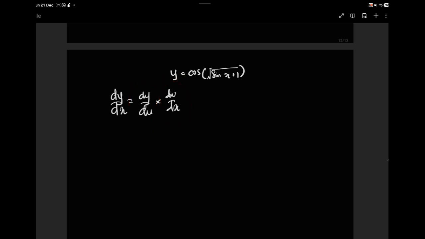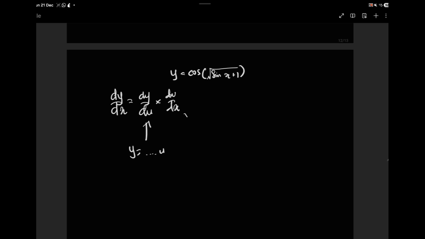So dy over du tells us that we need a function of y equal to some equation in terms of u. Hence, when we do the differentiation, we get dy over du.